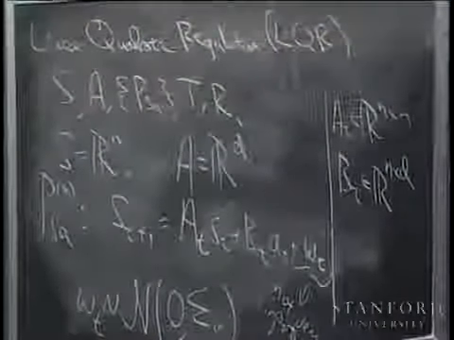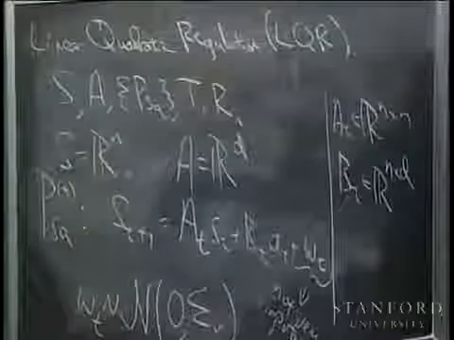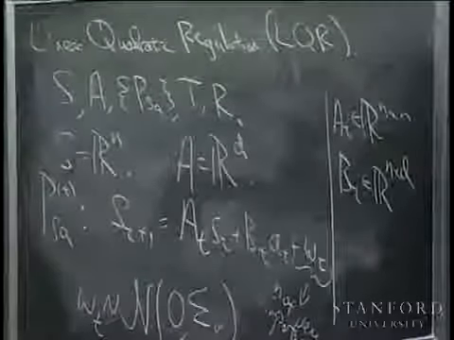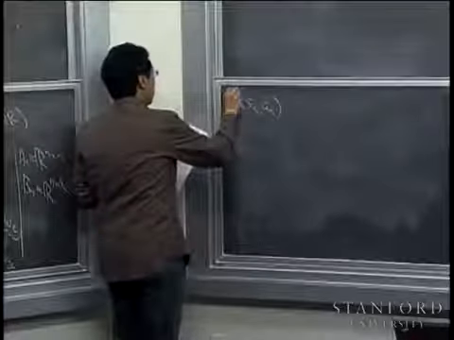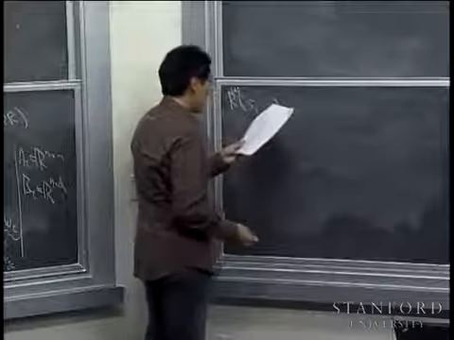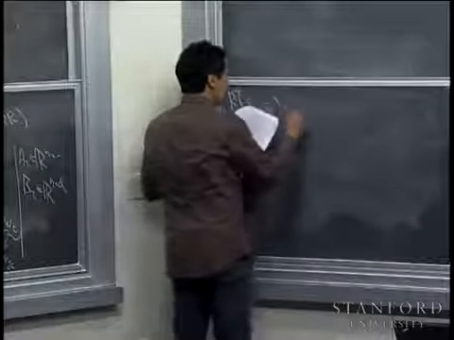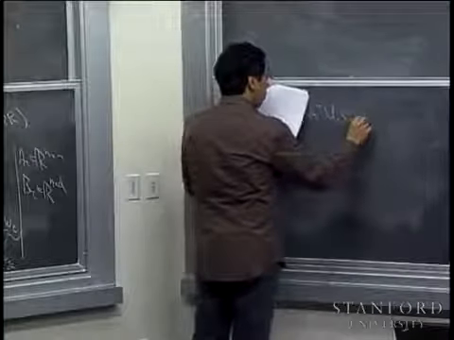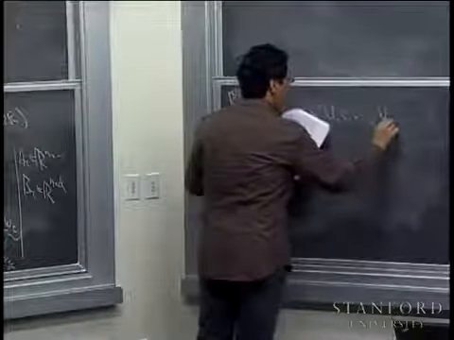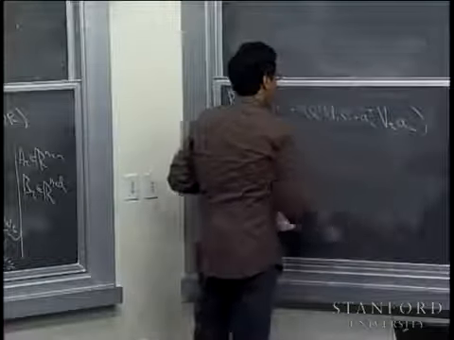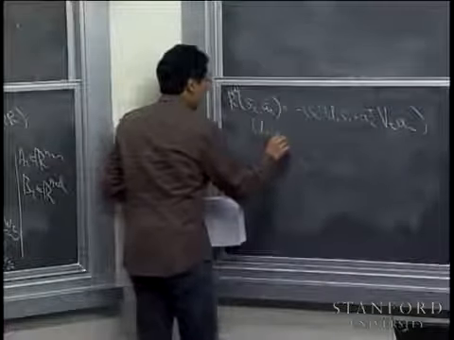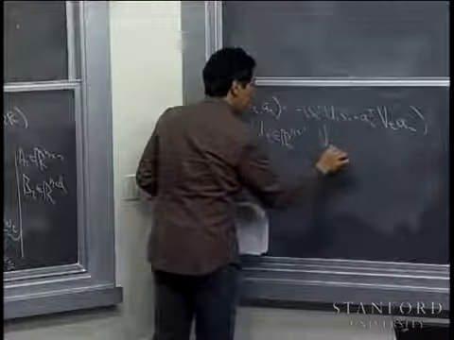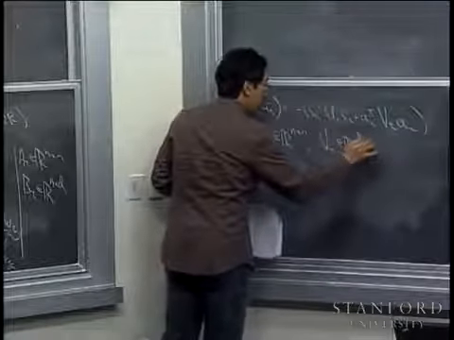The last thing I have to specify is some horizon time, and also some reward function. For LQR control, I'm going to assume that the reward function can be written as this, where U_t is a matrix that's n by n, and V_t is a matrix that's d by d.